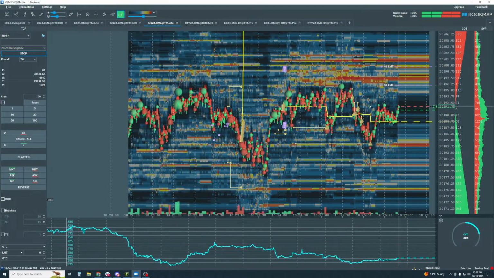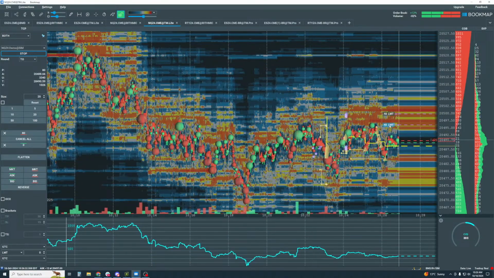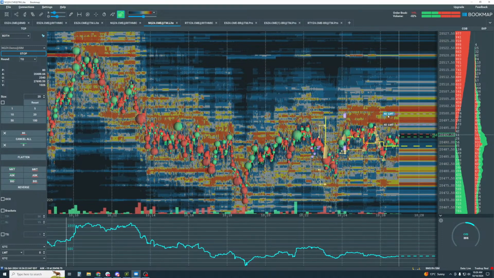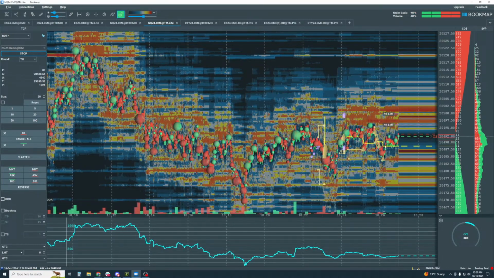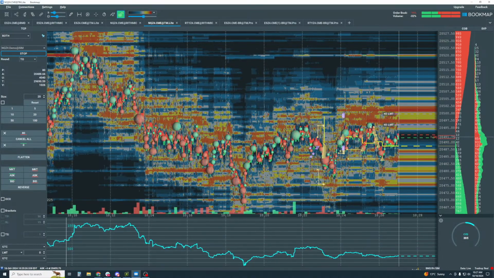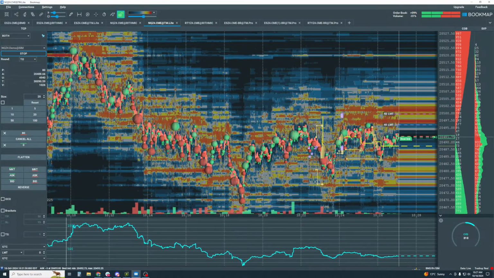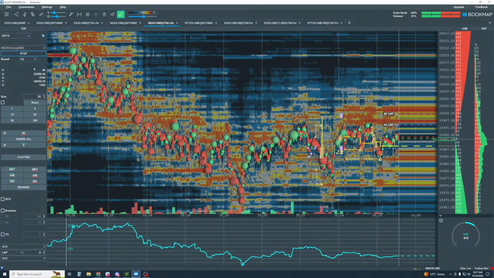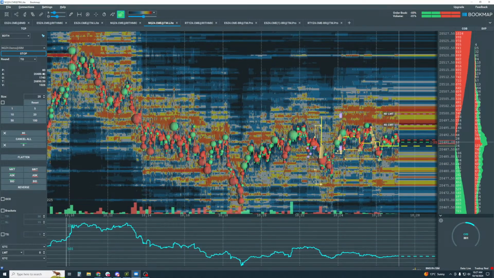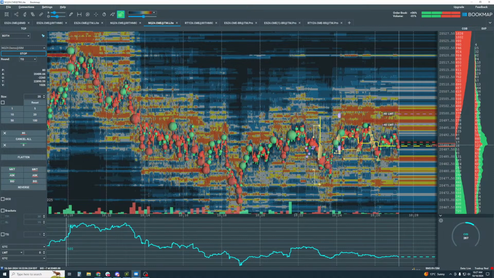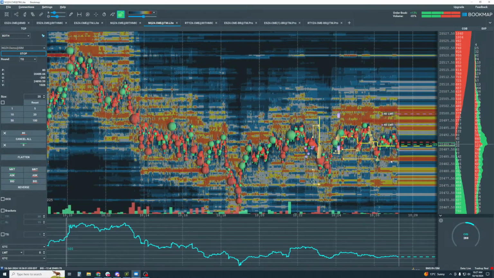Okay, and you will not get slipped on these. These are limits. You're looking to get fully filled, but you might get a partial fill as well. Okay, so let's see if we can get up here and get filled on some of these. All right, and then I would be flat at that point, right? After averaging in through this whole position.